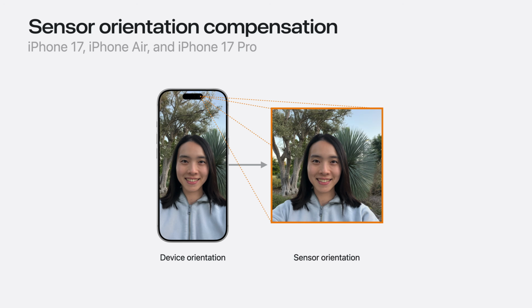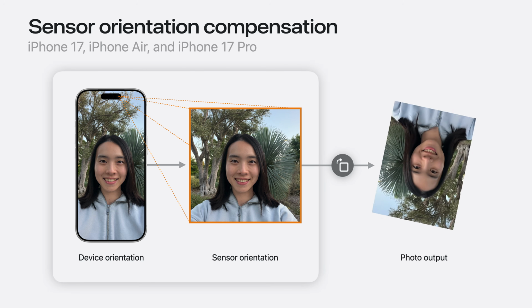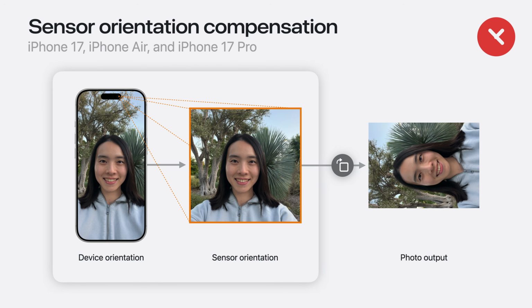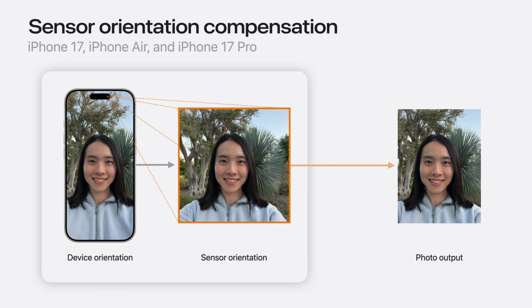However, on iPhone 17, iPhone Air, and iPhone 17 Pro, the Center Stage front camera sensor is mounted in portrait orientation. If your app relies on rotation values that worked before, photos may appear sideways or upside down. To handle this, AVCapturePhotoOutput automatically applies sensor orientation compensation by default.